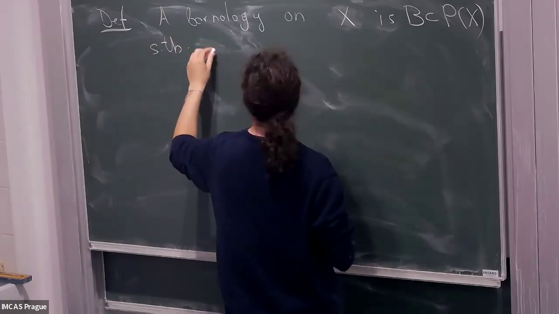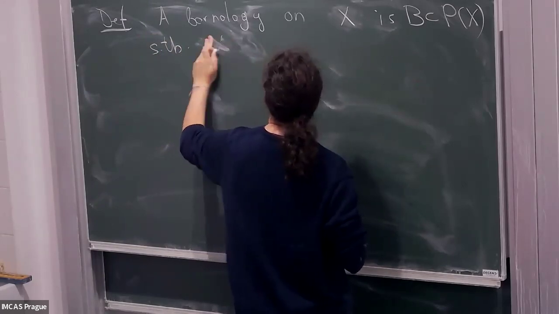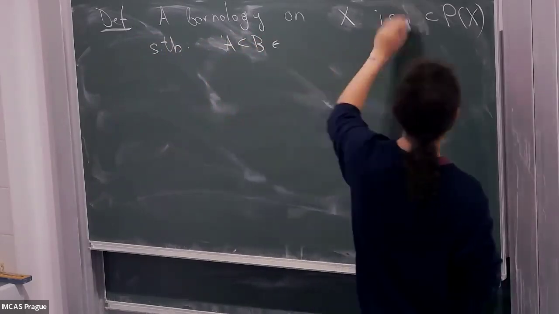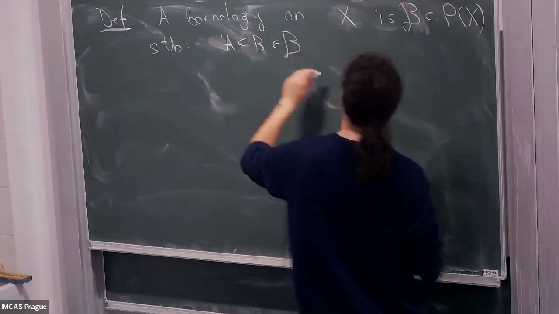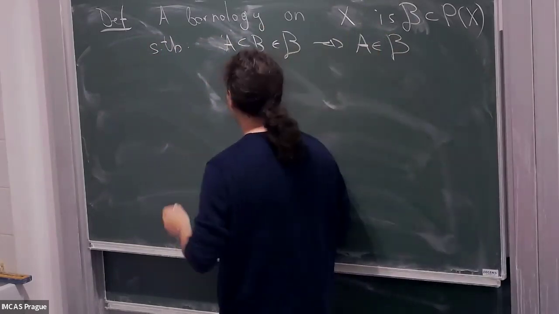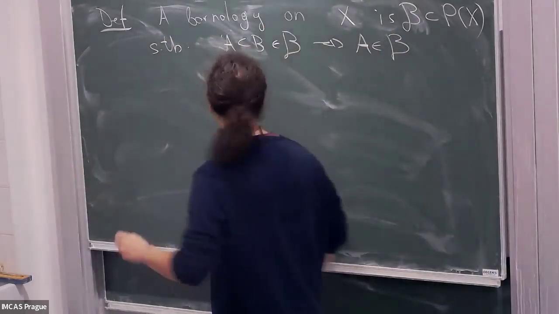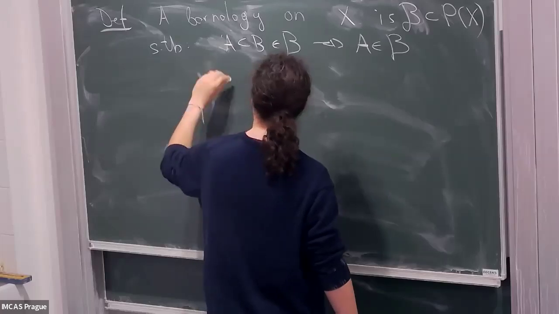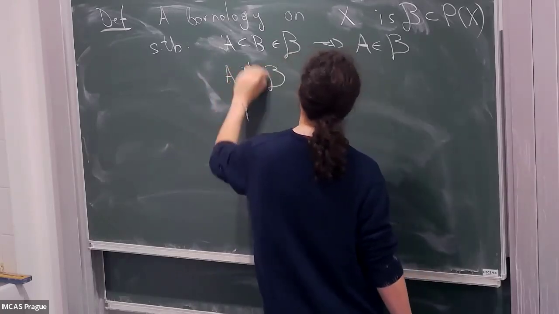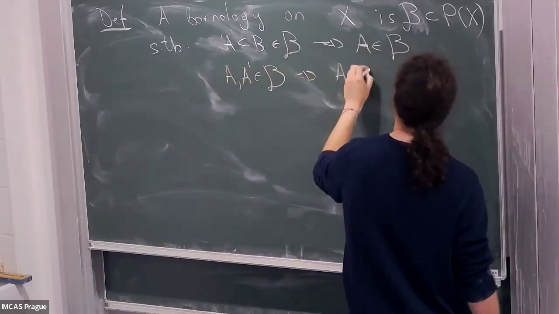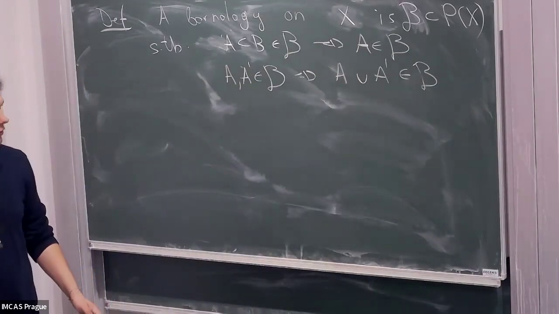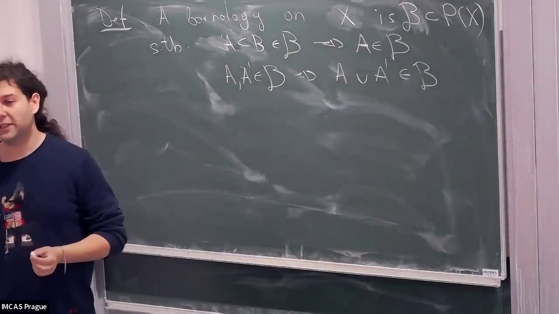So maybe I'll write it in formulas: A subset B, with B in the curly B, implies A is in the curly B. So subsets of bounded sets are bounded, and finite unions of bounded sets are bounded. So A, A prime in curly B implies A union A prime in curly B. And then there is a rather technical condition to avoid weird phenomena, which is that points are bounded.